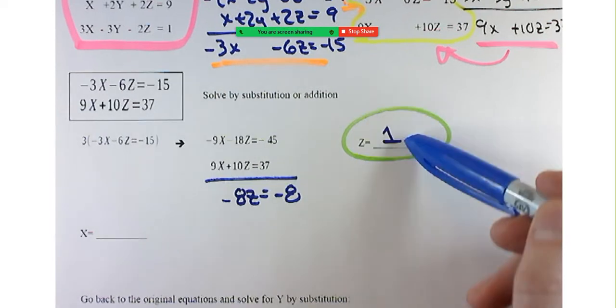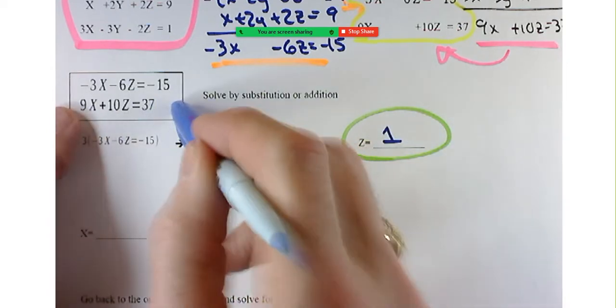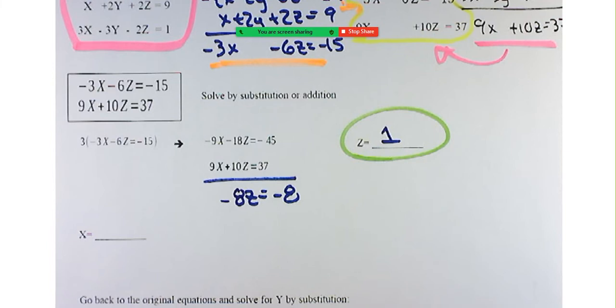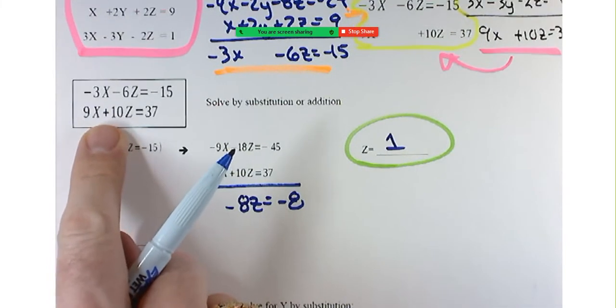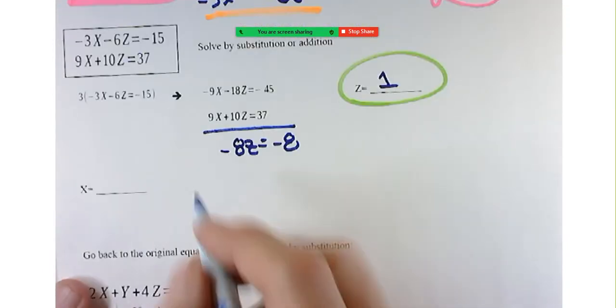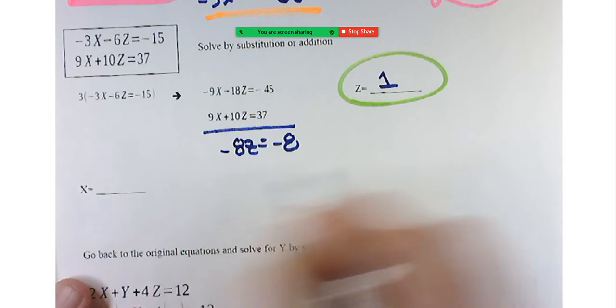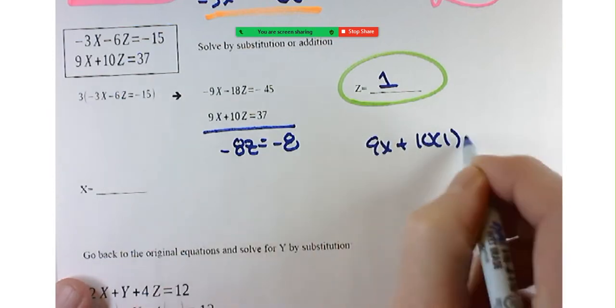But for right now, now that I know what z is, I can go back into one of these equations and solve for x. So I think I like this one better because it's got all positive numbers. So it's going to be 9x plus 10 times 1 equals 27.